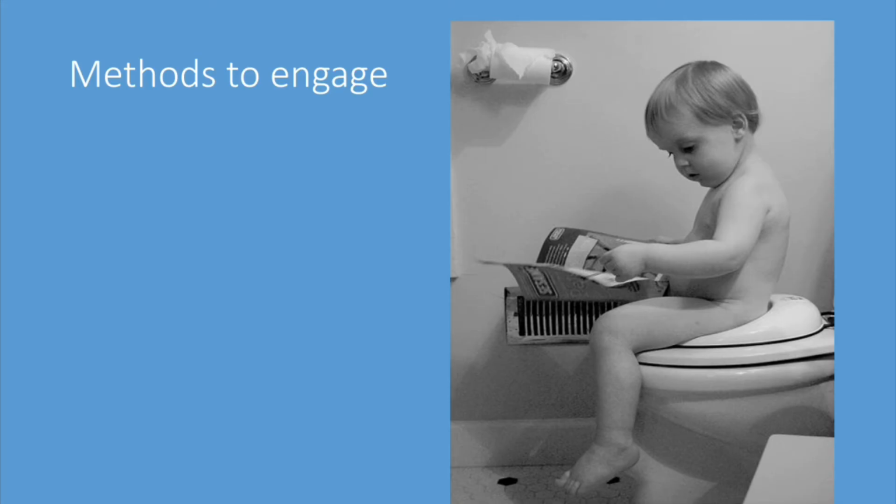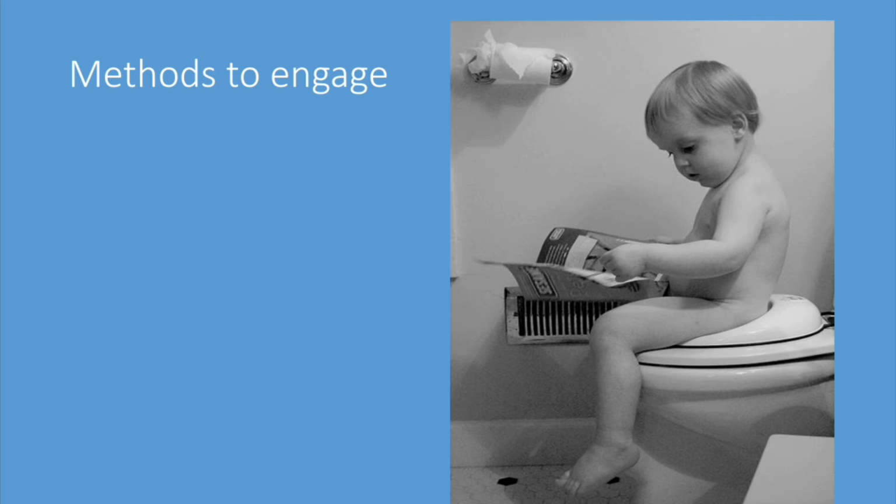Coming to methods to engage the child. We need to make the child sit for at least 10 to 15 minutes. Many children will want to run away. So it is important to use a toy or something that the child likes to make the child sit for a longer duration.